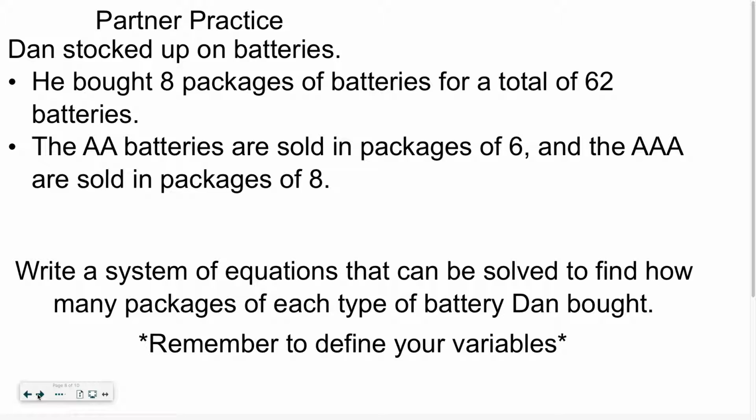The reason being, if you have a system that you need to distribute, that can get very confusing very fast. So if you're going to identify it as an X or a Y or a Z, whatever it is, you can write it at the top, like, okay, AA is going to be this variable, AAA will be this variable. It'll make it so much easier when you get your solution.